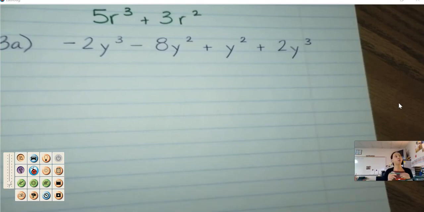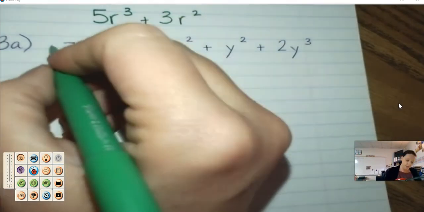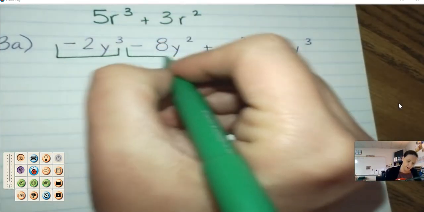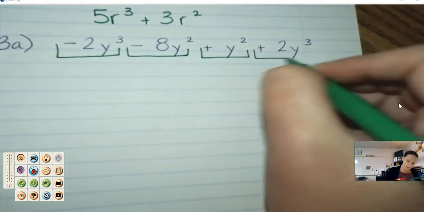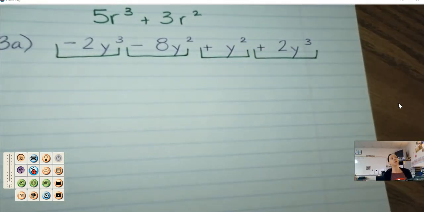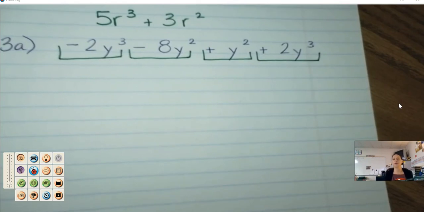If it helps you to block and see each term, this is what I usually do so my brain can see it. I see there are 4 terms. I'm looking for like terms, which ones have the same letter raised to the same power.